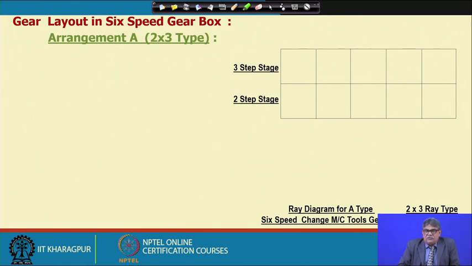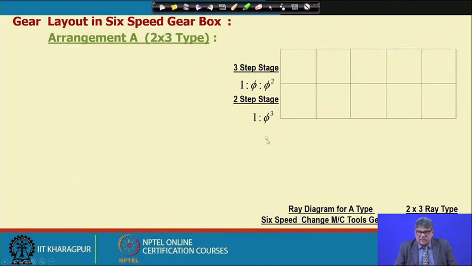We have already shown there are 3 shafts in the 6 speed gearbox, that is, practically we have drawn a gearbox of 2 into 3 ray type, and in that case the bottom is called the 2 step range and the top section is called the 3 step range, and then I will show how the ray diagram is developed and then the speeds are achieved.